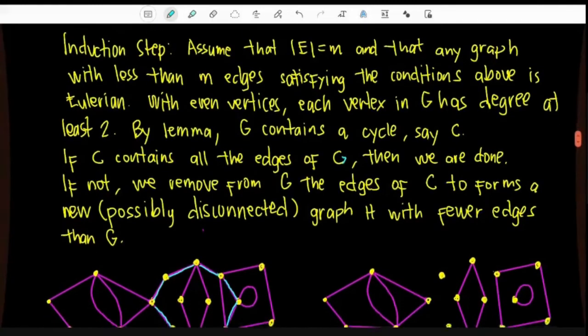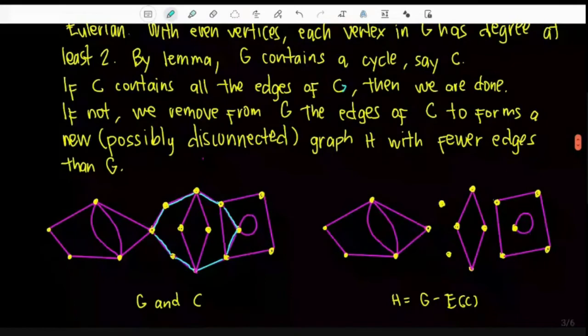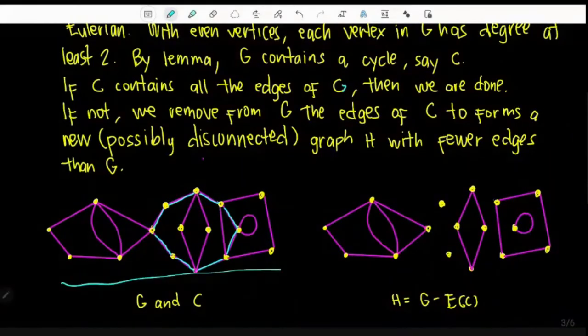Okay, so here's what happens. Just to imagine, let's say this is our original graph. By lemma, we should be able to find a cycle in this G. To check all the vertices, the assumption is that all the vertices of G have even degrees.